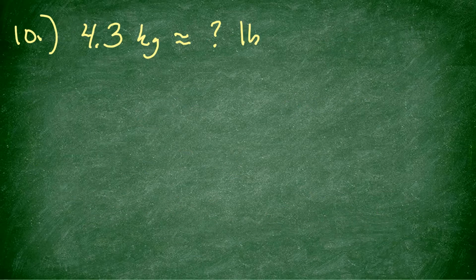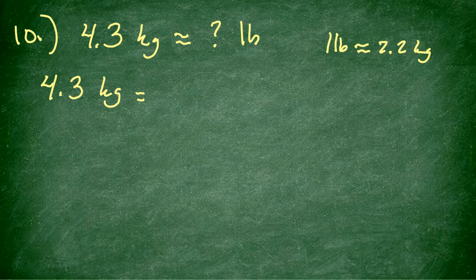All right, 4.3 kilograms is about how many pounds? So I know the conversion is 1 pound is about 2.2 kilograms. So I'm going to do 4.3 kilograms. I'm going to put pound on top, kilogram on bottom, so they cancel.